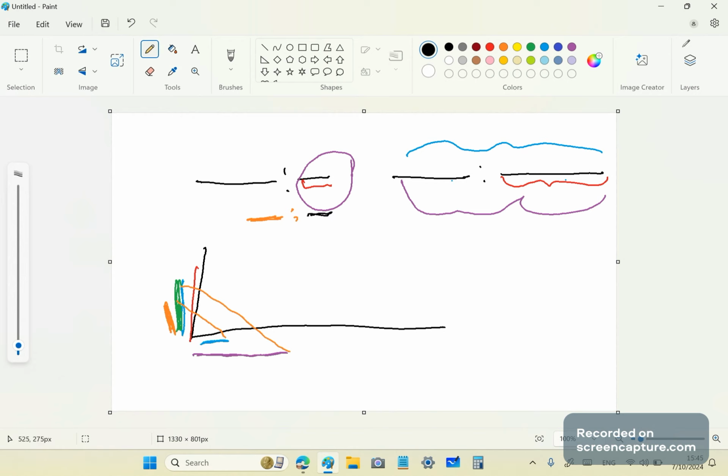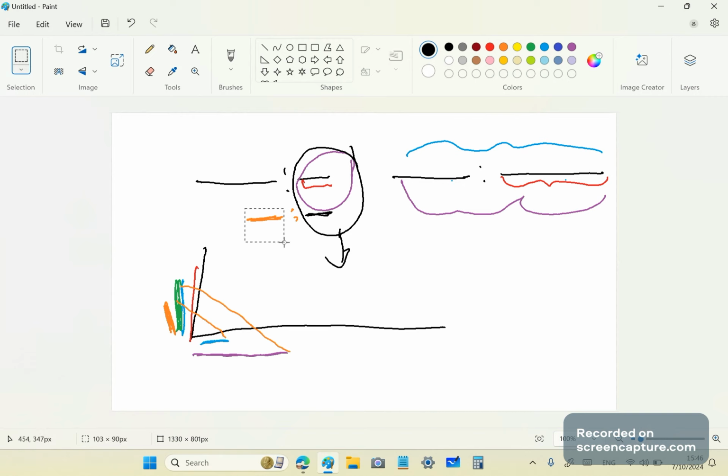And the orange one will be the new antecedent, and these will be the same consequent. Now, once these are the same consequent, the difference is very easy, isn't it? We just take this part here, and we know that this black part here is the difference. That's it. It's as simple as that.